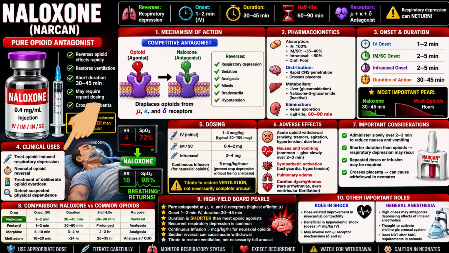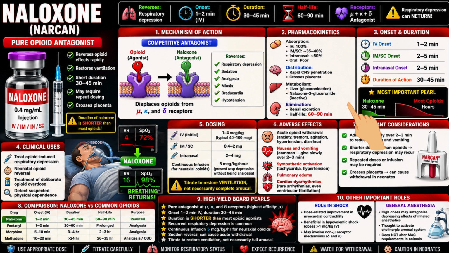It's used to facilitate treatment of deliberate opioid overdose, and it's used diagnostically to detect suspected physical dependence, giving a small dose and watching for withdrawal symptoms to confirm dependence is present. The receptor mechanism is broad. The clinical application is narrow and deliberate.